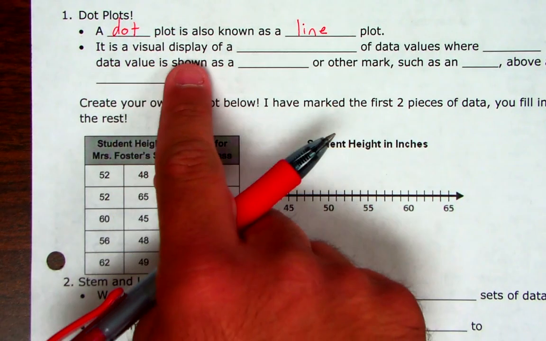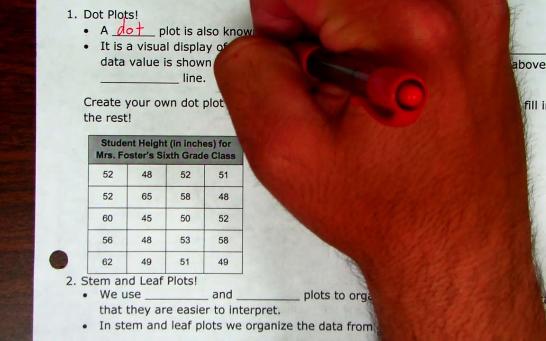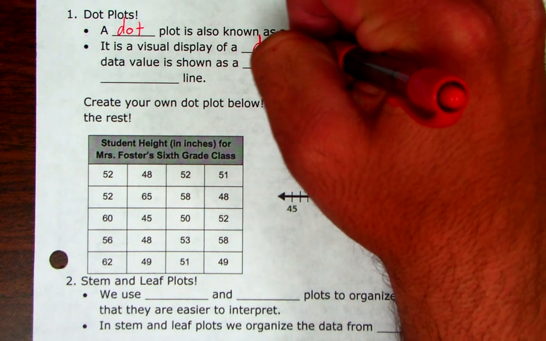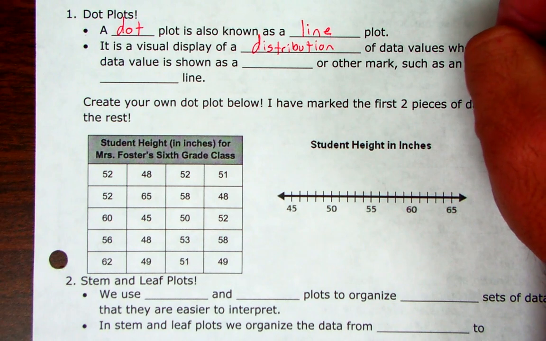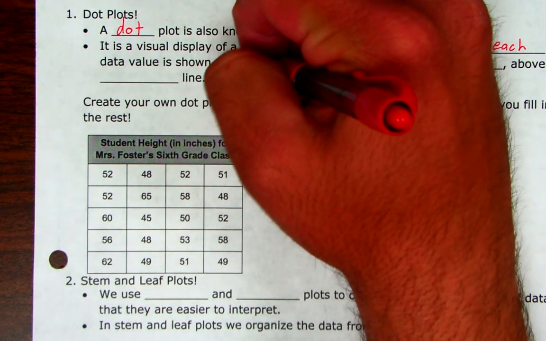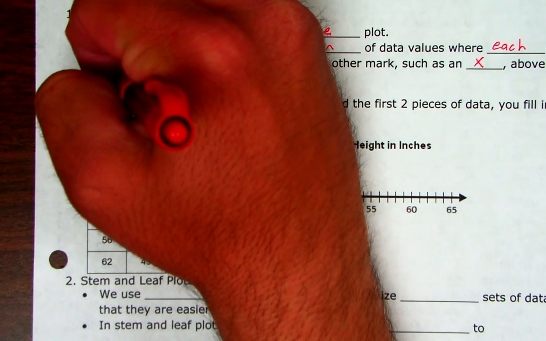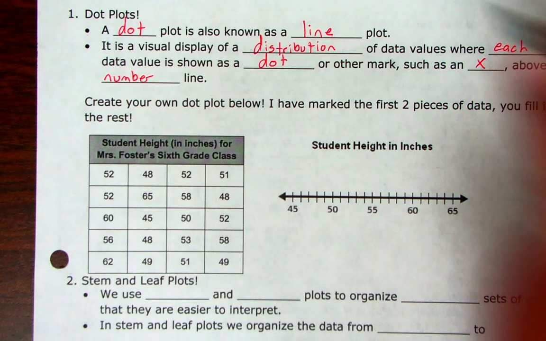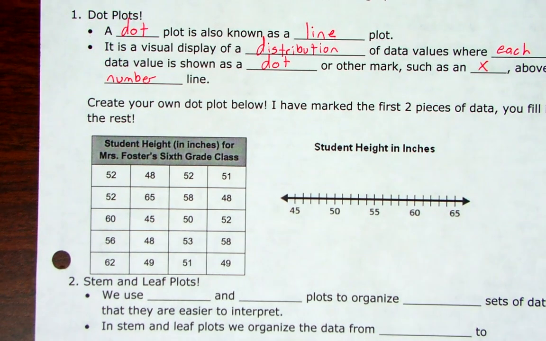It is a visual display of a distribution of data values where each data value is shown as a dot or other mark, such as an X, above a number line. Now, I'm going to use dots for the dot plot. I'm not going to use X's, but you can if you want.